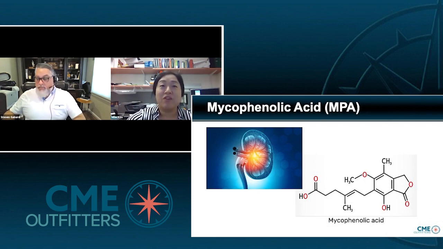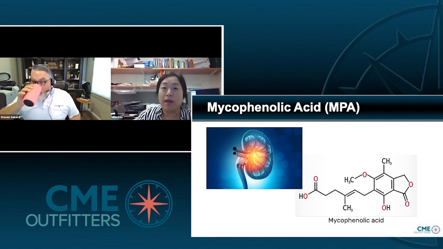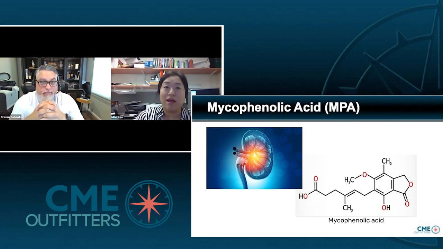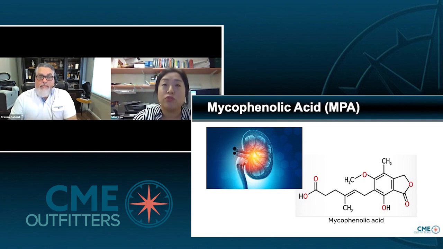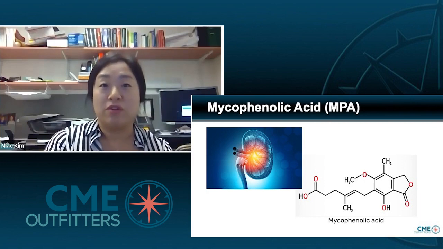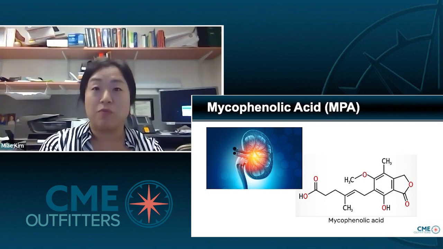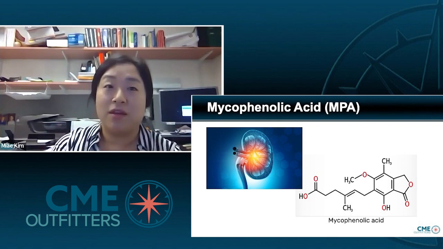Sure. Mycophenolate or mycophenolic acid, we often call it MPA, is one of the most commonly used immunosuppressants after receiving solid organ transplant. Its derivative received FDA approval for preventing organ rejection in kidney transplant recipients in 1995.